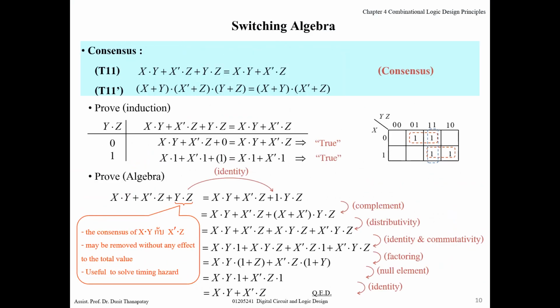You can prove it by using switching algebra. To prove, at each step you must be sure that you use some theorem or axiom to process each step, so each step must keep the same result or the same value.